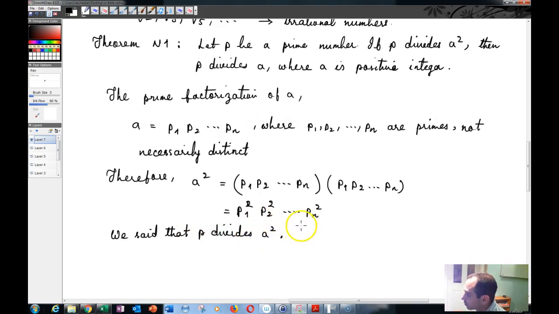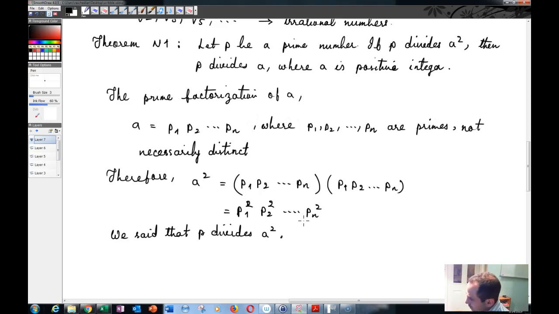And using the uniqueness part of the fundamental theorem of arithmetic, we realize that the only prime factors of a squared are p1, p2 all the way up to p of n. And those are supposed to be the unique factors of a squared.